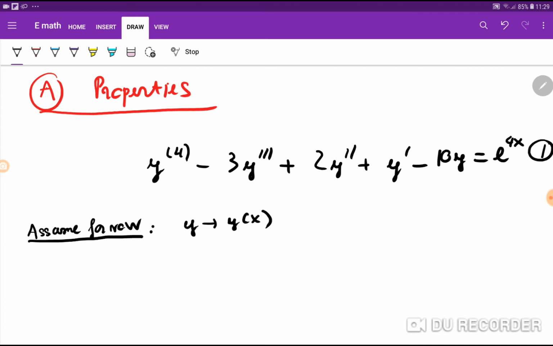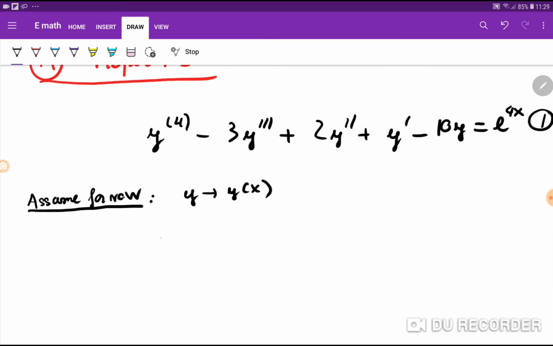It can be a function of anything, of t, of z, but for the sake of familiarity, let's start with something we are used to. When you write D of y, it means dy over dx, or y prime.